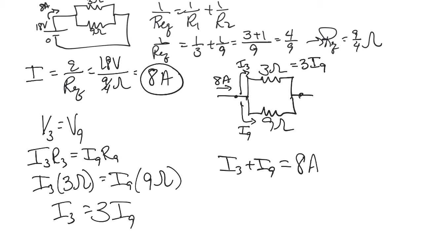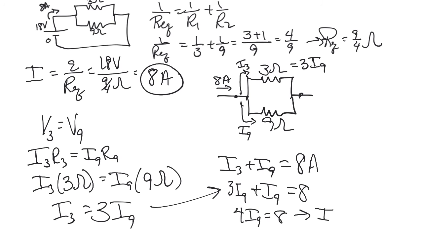Okay, so we can just plug that in. So I3 is 3 I9 plus I9 equals 8. I'm just going to drop the amp just so we can do it easier. So it's 4 I9 is 8. So the current going through the 9 ohm is 2 amps.